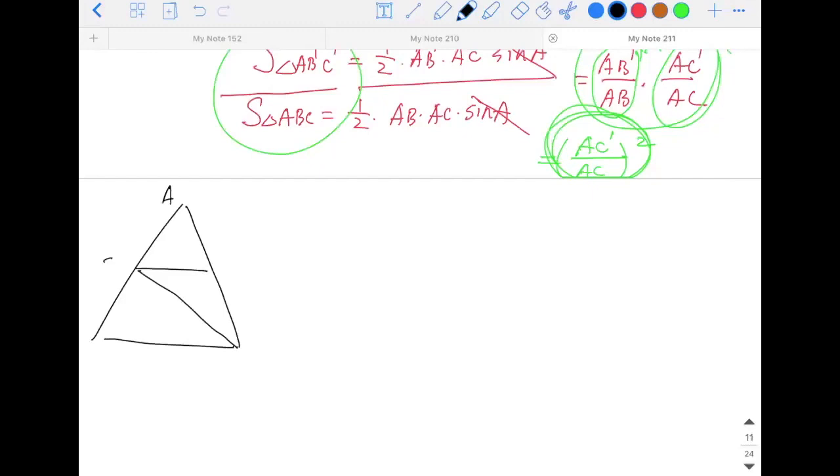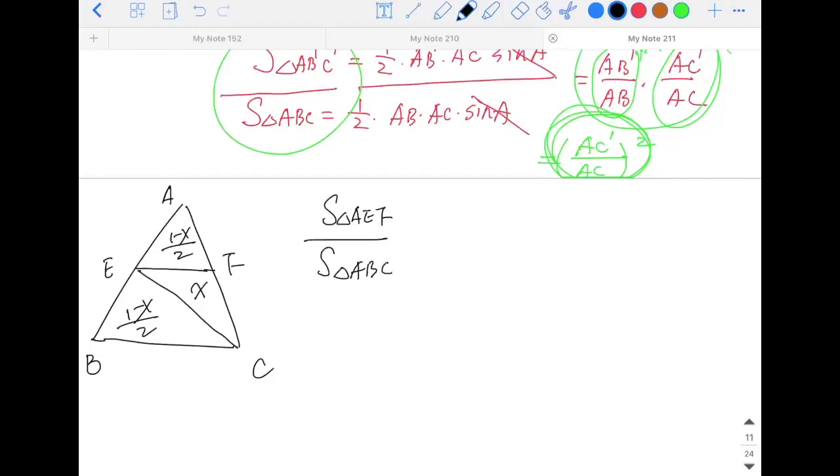A, E, F, B, C. This is x, 1 minus x divided by 2, 1 minus x divided by 2, right? And triangle AEF to triangle ABC, their area ratio will be exactly AF over AC's perfect square. Try to take it for this moment.